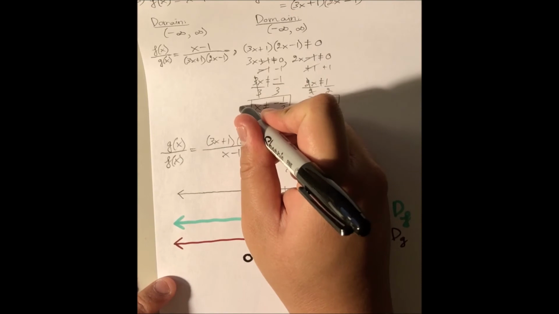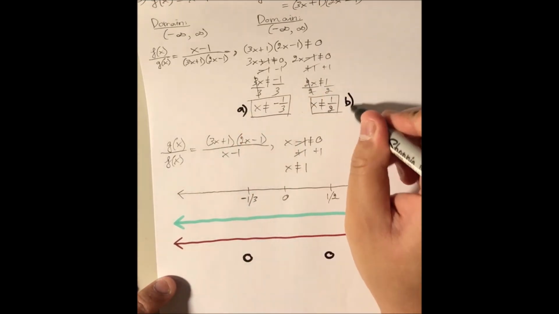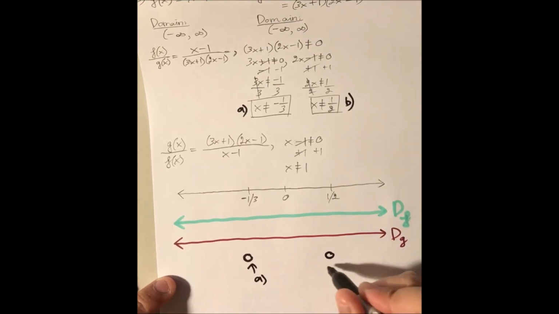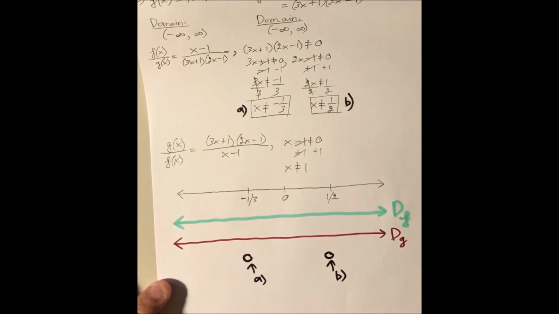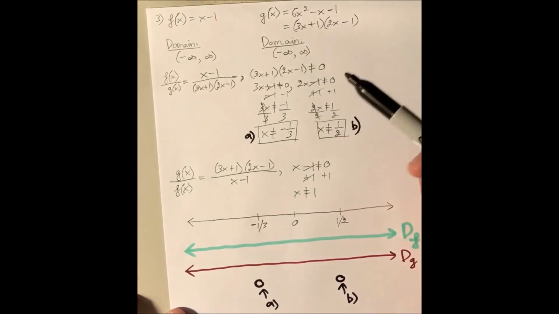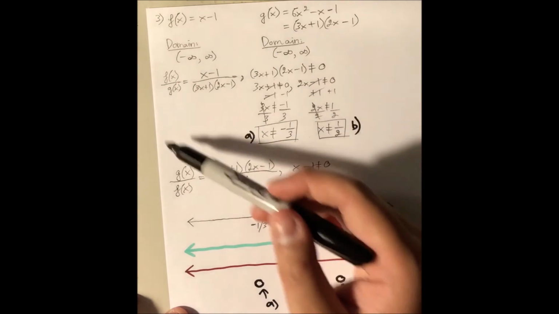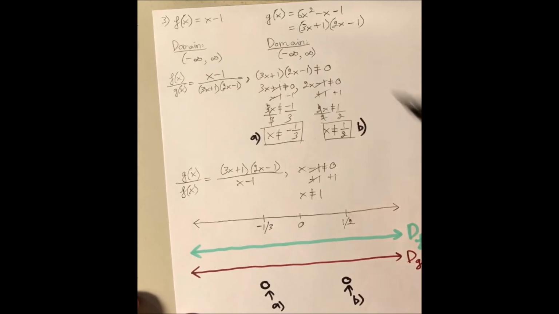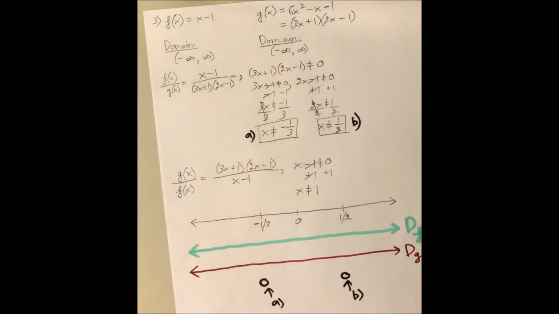Let's say this is the restriction, I'm going to call it A, and this is the restriction, I'm going to call it B. Putting together all of the restrictions from every step of this simplification process, from the function f, which has none, and from the function g, which also has none, we know the domain of the function f over g is all real numbers except x cannot be equal to negative 1/3 and x cannot be equal to 1/2.